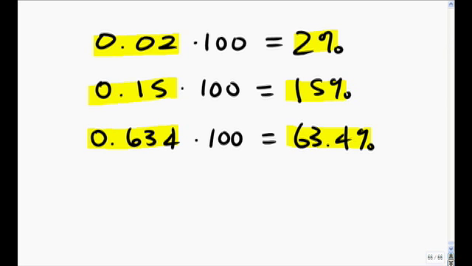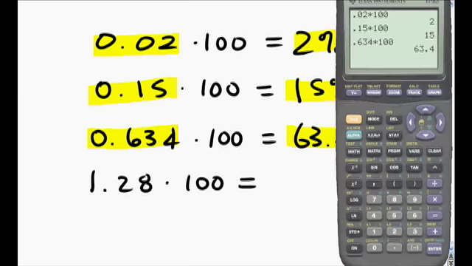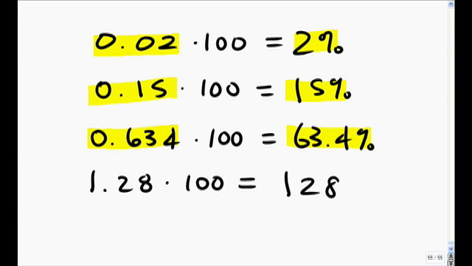If we look at the numerical relationship of 1.28 and we multiply by 100, we get 128%. That is, the numerical value of 1.28 represents 128%. This is working backwards.